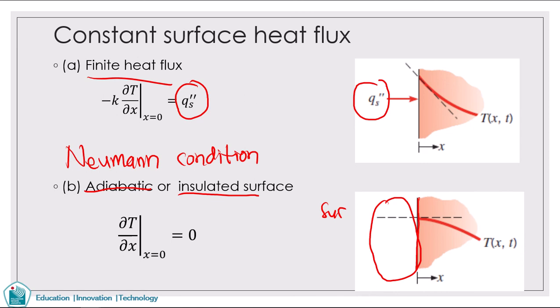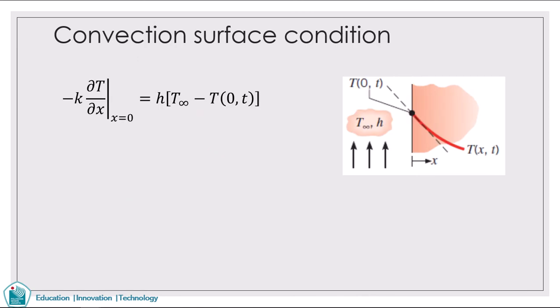And the last condition we call the convection surface condition. In this case, there will be convection here, with a fluid flowing. T infinity is the temperature of the surroundings, and h is called the heat transfer coefficient.